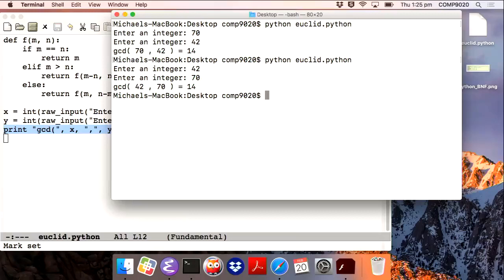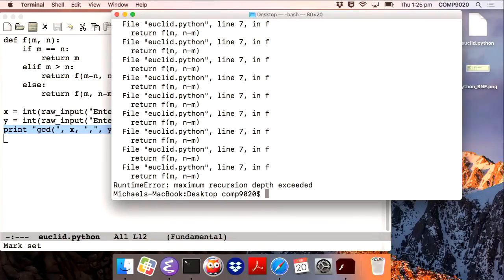The answer is no. We have said the algorithm terminates because we always subtract a smaller number from a larger number, and we always stay positive. But if we start with two numbers that are negative and we subtract numbers from negative numbers, then we actually do get smaller and smaller. And so what will happen is, if I try it with minus 42 and let's say 70, then you get this.